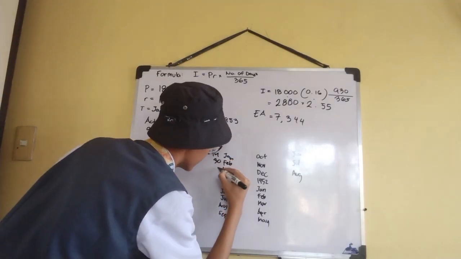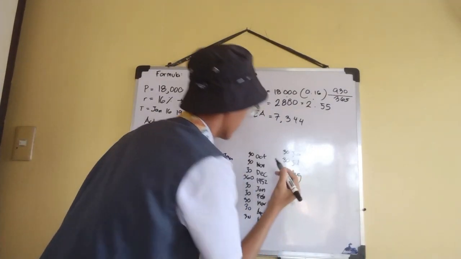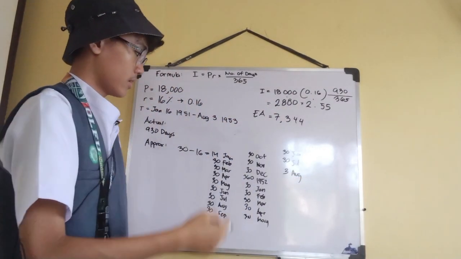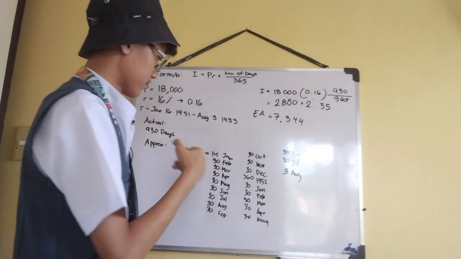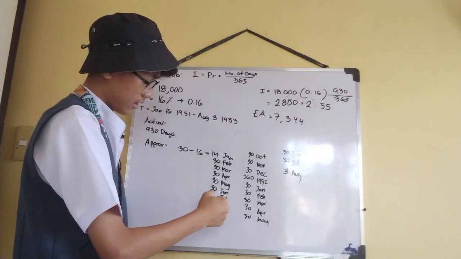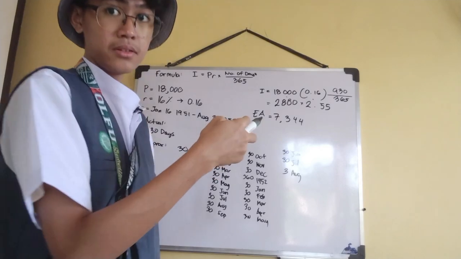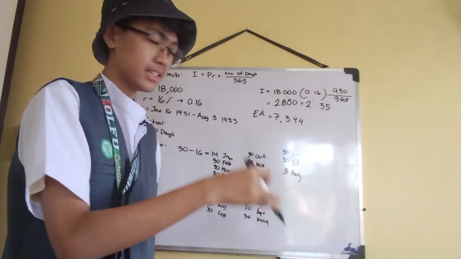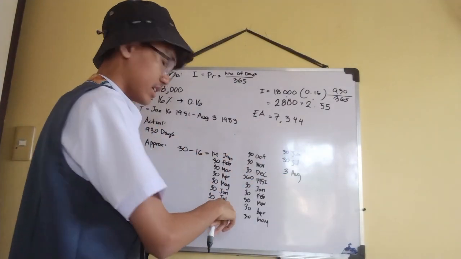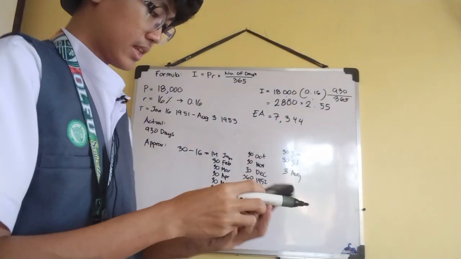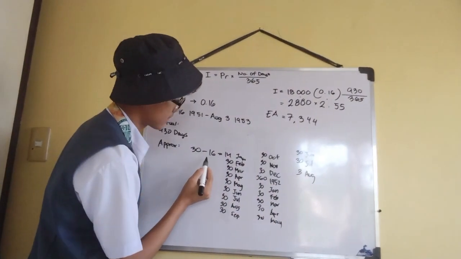Finally 3. To make it simpler, we just count every 30, and then we multiply the number of 30s here with 30 itself. So let's count them.